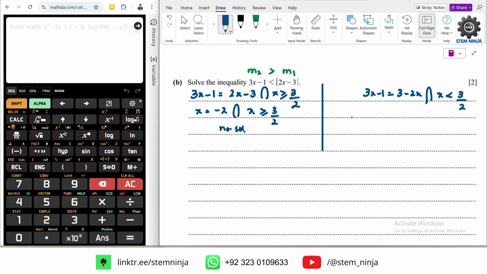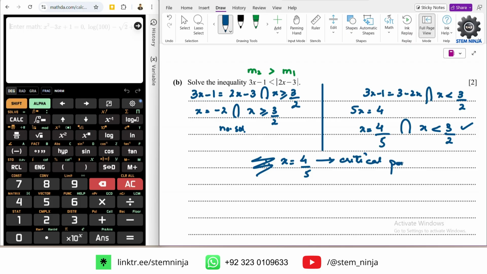But from this one, you have 3x, this would become 5x, and this becomes 3 plus 1, 4, and this becomes 4 over 5, and when you see, yes, it does indeed lie in that region. So therefore, x equals 4 over 5. This is your critical point.